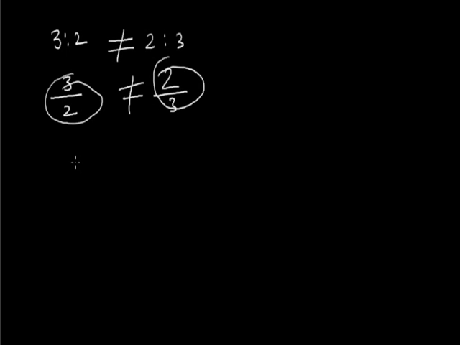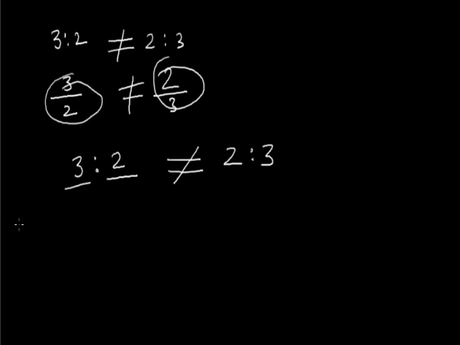That's why the order of the terms matters. If 3 is written as antecedent and 2 as consequent, then we cannot change their order to write 2:3, because 3:2 is not equal to 2:3. This is the third important point.